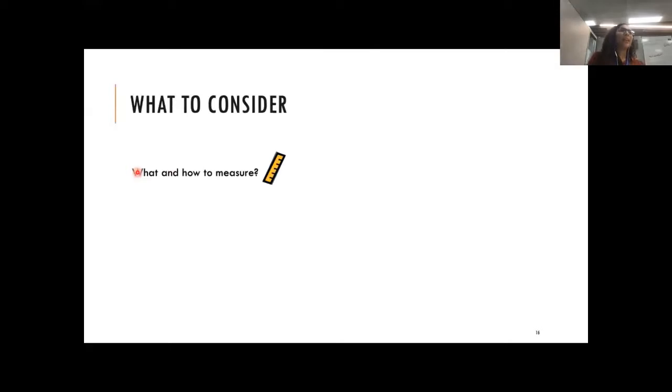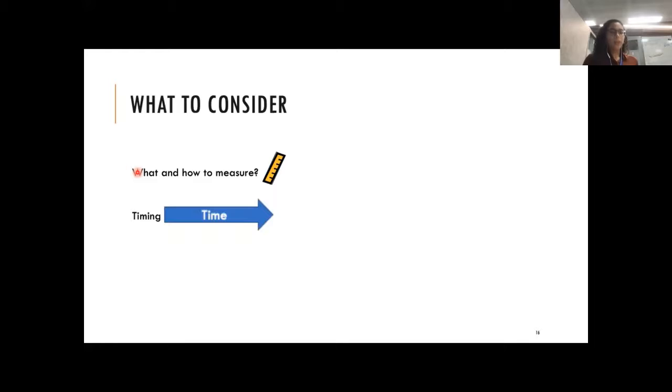There are many things that we need to consider. First, we need to know what to measure and how we are going to measure it. Is our outcome of interest attendance rate, or maybe sense of belonging, or any other outcome? And what are the characteristics of the students that we want to measure? There is also the issue of timing.